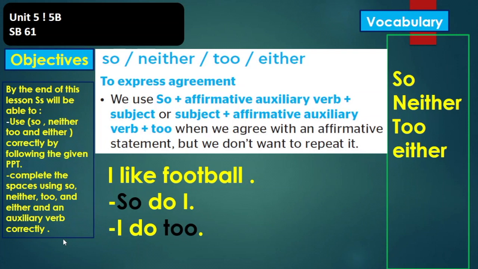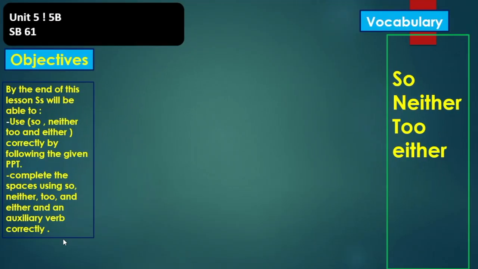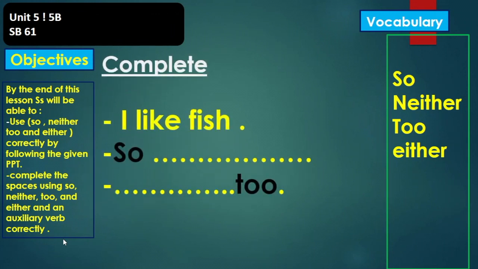In the first sentence, we use so plus affirmative auxiliary verb, so do I. In the second part, we use a verb plus too. I do too. I like football. So do I, or I do too. Now complete the sentence. I like fish. Now, excellent.